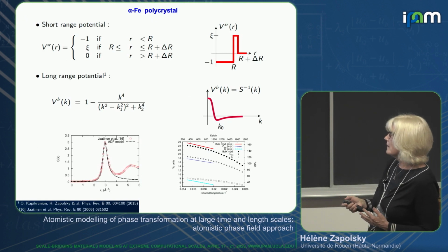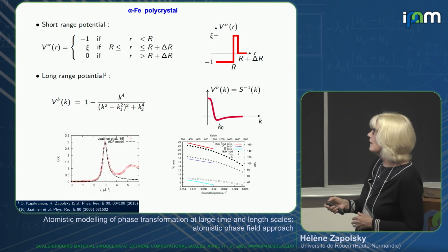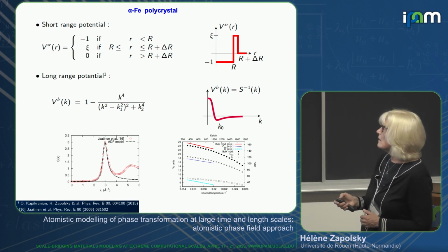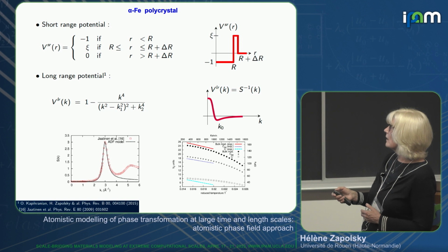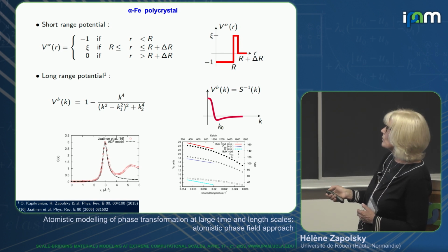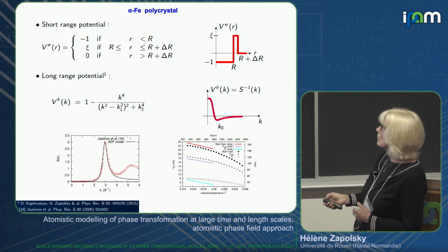If I add the periodic structure, in this case, for example, we calculated the interface structure at grain boundaries in alpha iron. In this case, we introduce the short-range interaction, which corresponds to the size of the iron, and also the long-range interaction with one minima, because we are interested in the BCC crystal.